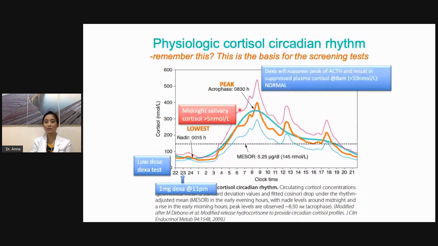And you should have a suppressed plasma cortisol at 8 a.m. If your plasma cortisol at 8 a.m. is not suppressed, meaning it's more than 50 nanomoles per liter, then it is abnormal because your dexamethasone is unable to suppress the peak. Therefore, there's something that's producing excess endogenous glucocorticoid hormones.